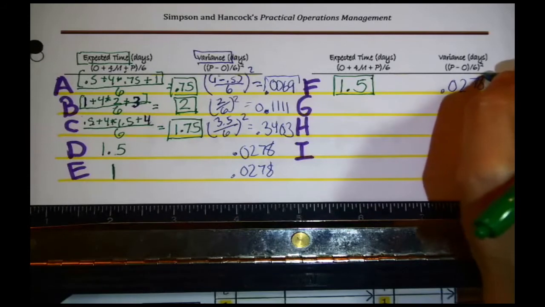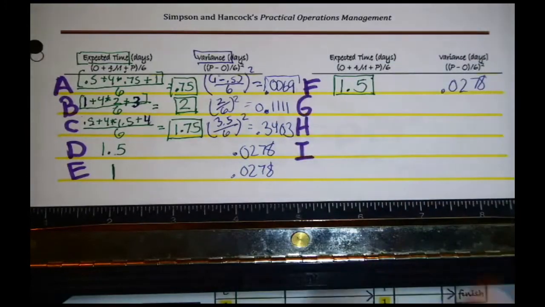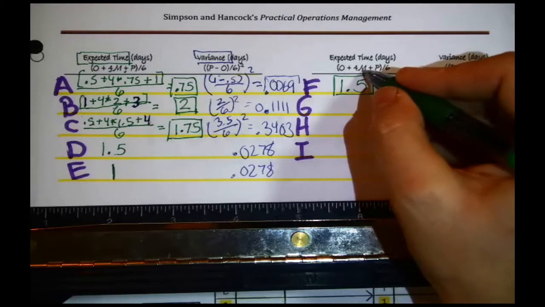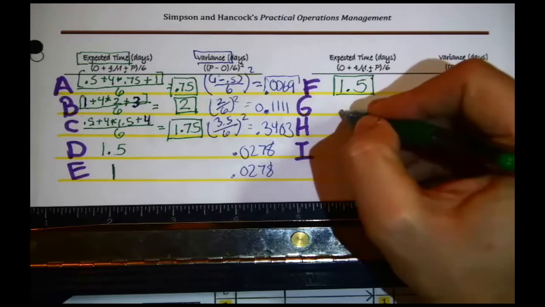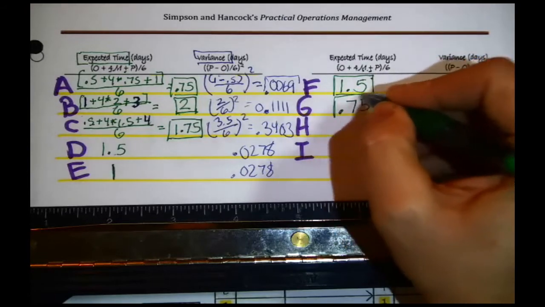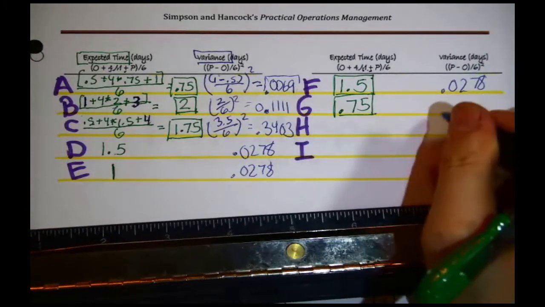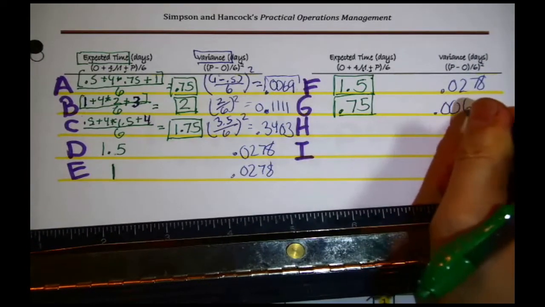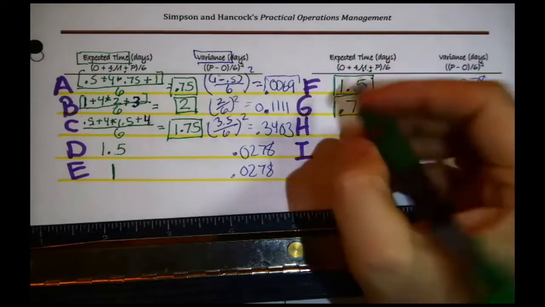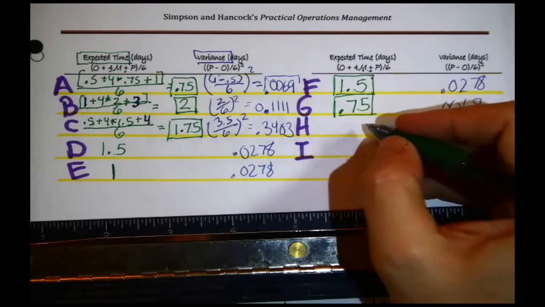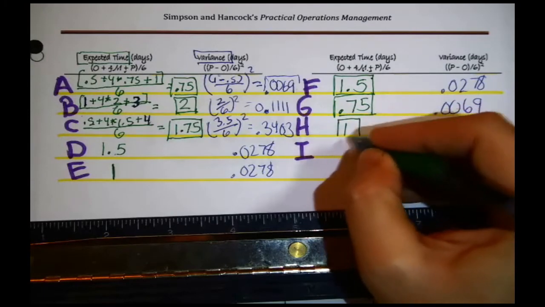And then for the variance, I get another 1 divided by 6 squared, or on the calculator, 0.0278. For G, I get 0.5 plus 4 times 0.75 plus 1, divided by 6. 0.75 is the expected time. The variance, I get another 0.0069. For H, 0.5 plus 4 times 1 plus 1.5, divided by 6, is an expected time of 1 day.